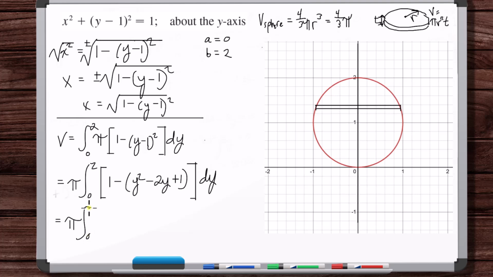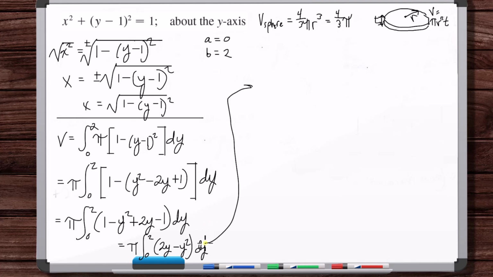Okay, we've got 1 minus y squared plus 2y minus 1 dy. So 1 minus 1 is 0, so it's really 2y minus y squared dy.